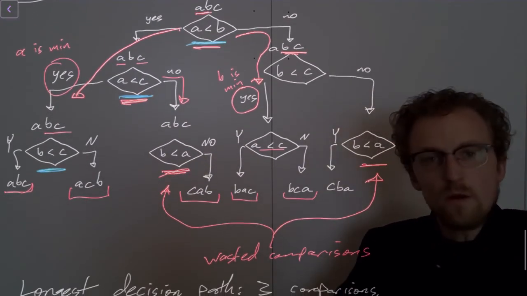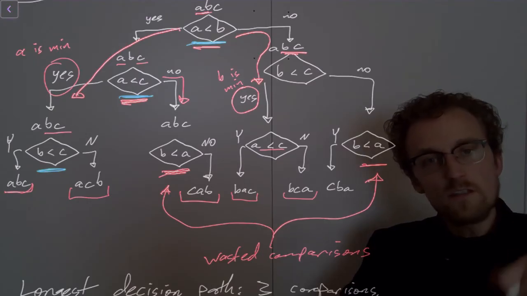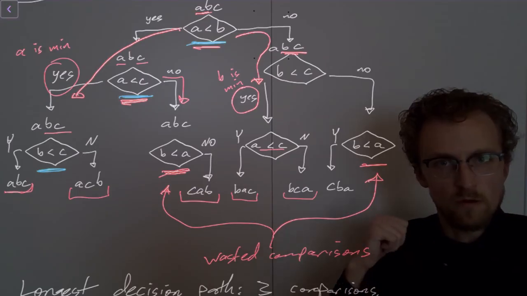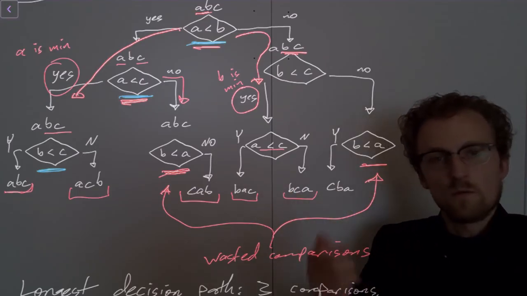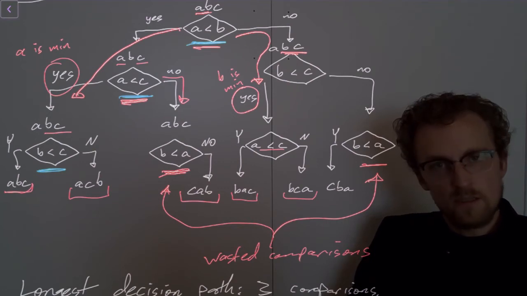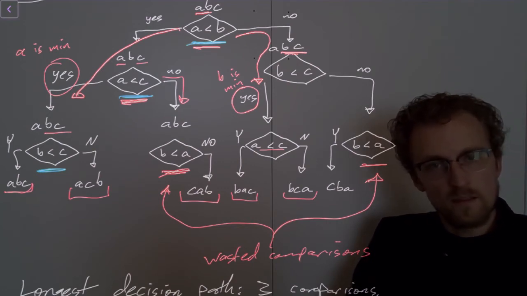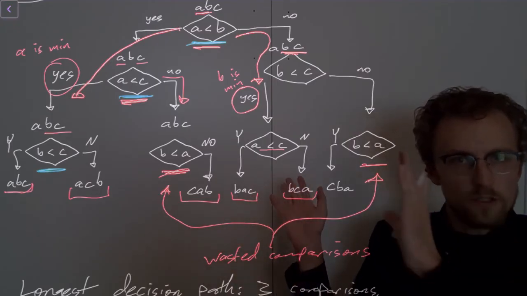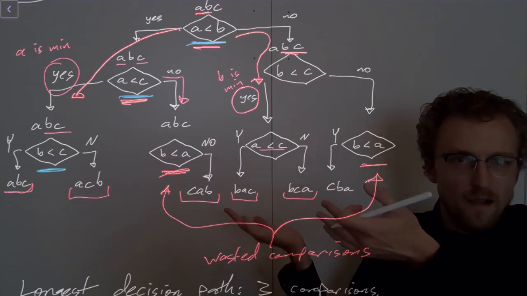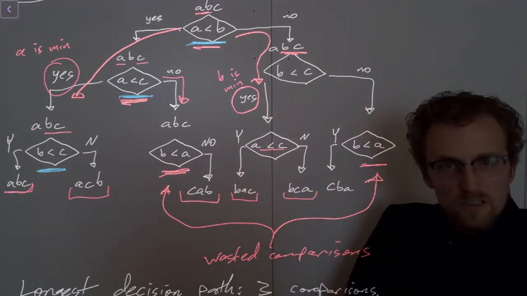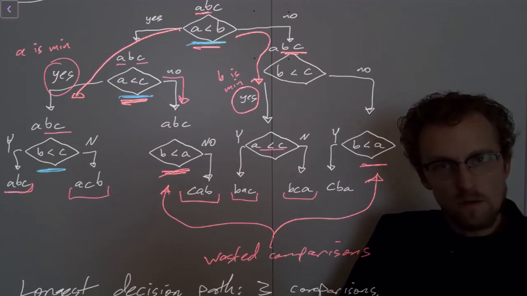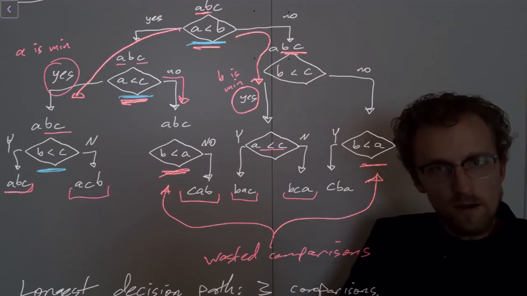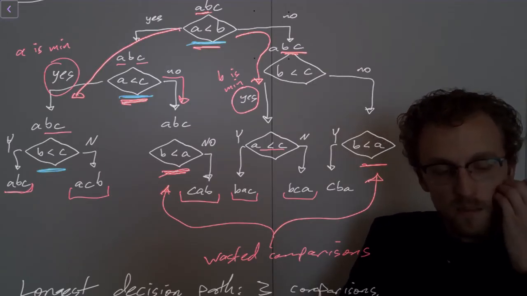So suppose I gave you a decision tree and I said, this decision tree is the comparison-based decision tree for some sorting algorithm, for some input length. And I said, now tell me how many comparisons this algorithm is going to make on that size input. You would be able to, without knowing anything about the algorithm, look at the tree and say, well, let me just find the deepest decision path. The longest decision path will be the worst thing that the algorithm could do on that size input.